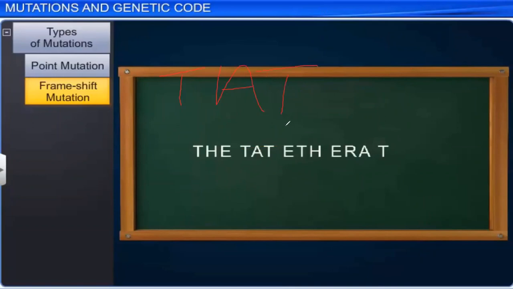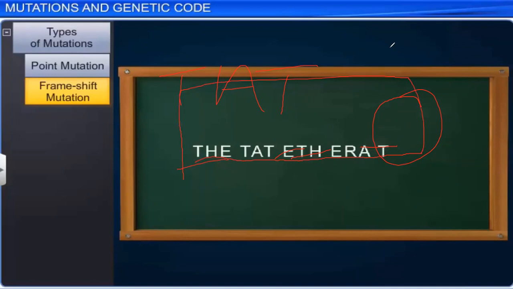And again, when it took from "ate", the E was left, so E took from the next "the", and this "the" came here, and further "rat". When they readjusted themselves, you can see when the deletion happened for more than one letter, the nucleotides or nitrogenous bases adjusted themselves in a way which has really no meaning at all.